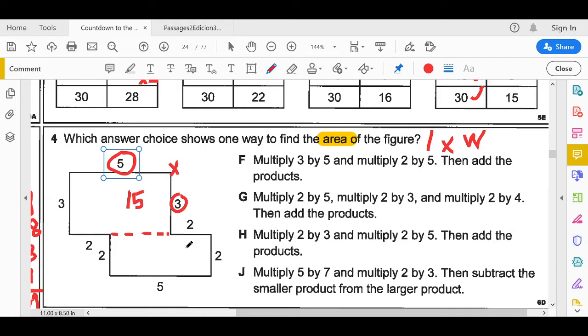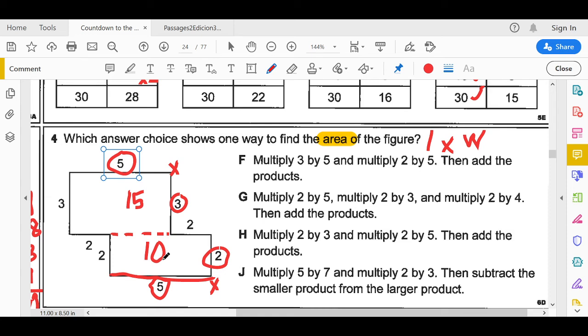And then I go to the other rectangle and I find the area. The length, it means the side right here, which is a long side, that is a 5. And I need to multiply 5 times the width. The width is a 2. So 5 times 2 is 10. Now we have not finished yet because we just found the area from this rectangle and the area for this one.